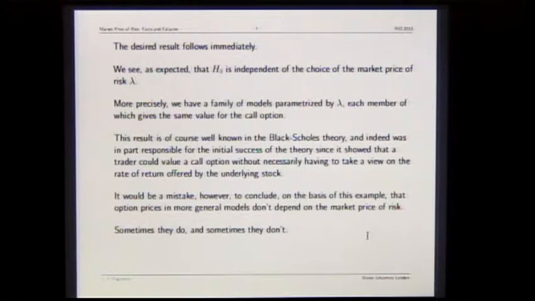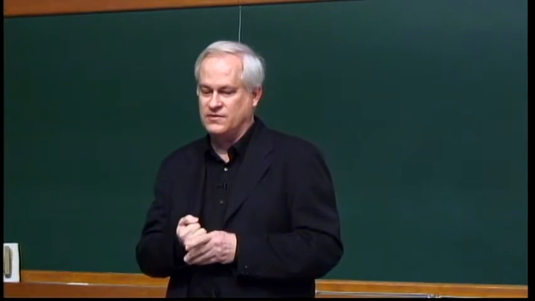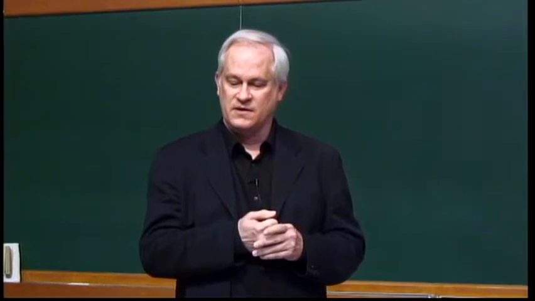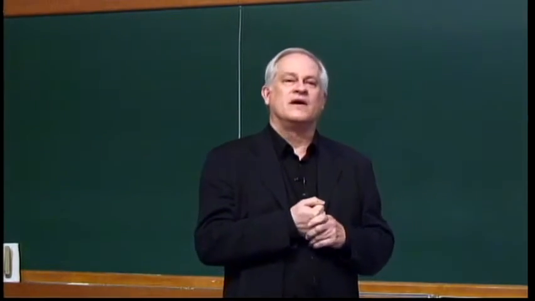But here we've phrased it with the idea that we have a family of models, all of which give the same price. And this result, of course, is well known in the Black-Scholes theory, and it was one of the results responsible for the success of the theory because it showed that a trader could value call options without necessarily having to take a sharp view on the rate of return offered by the underlying stock.